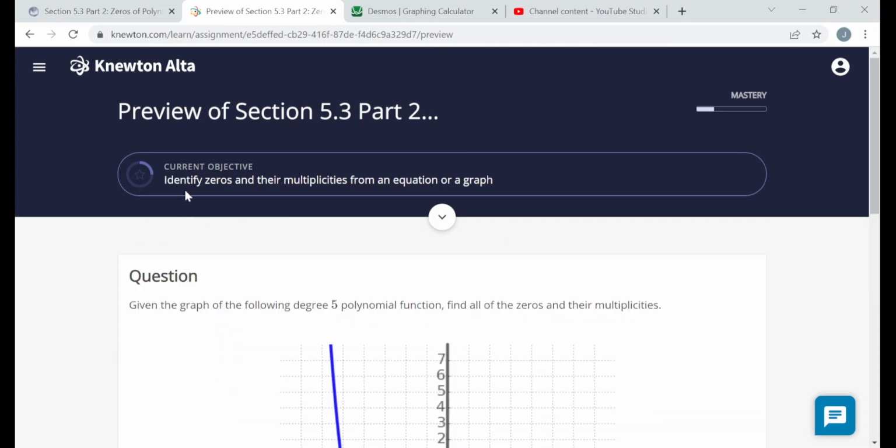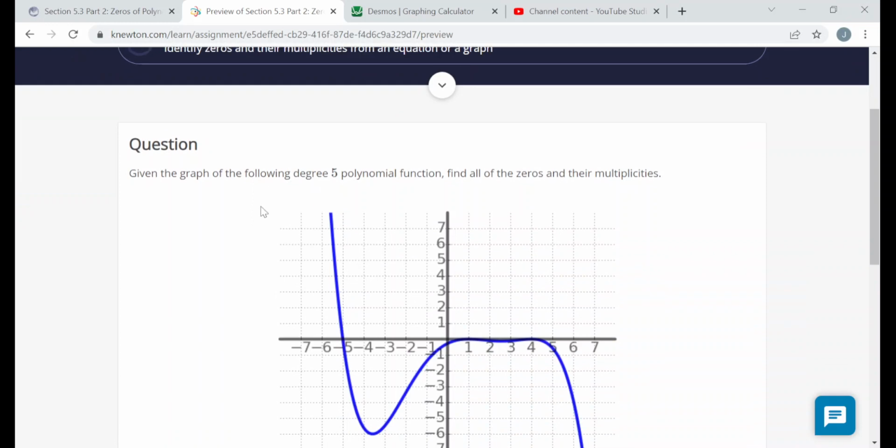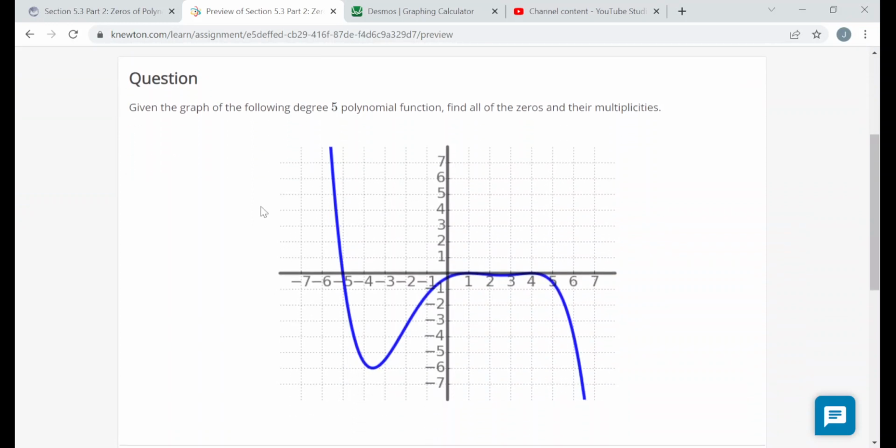Alright, so identify zeros and their multiplicity from an equation or a graph, and here again it is a graph. So it's a degree 5 polynomial. So once again, the sum of all the multiplicities shouldn't be more than 5. Right.